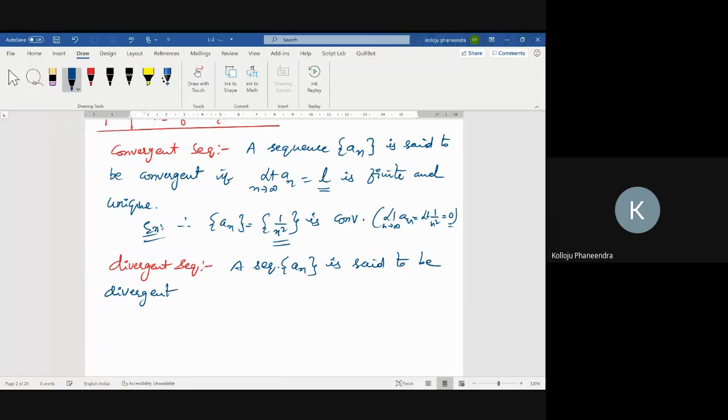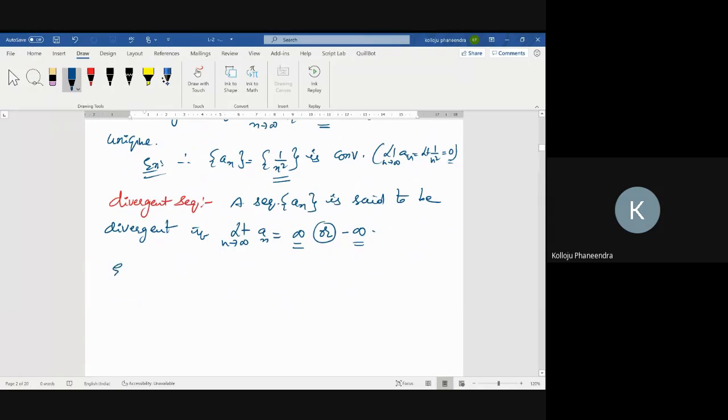Diverge means spreading, not going to a unique point. Divergent if limit as n tends to infinity of an equals either plus infinity or minus infinity. Remember, not both, either plus infinity or minus infinity. This "or" is very important: plus infinity or minus infinity.